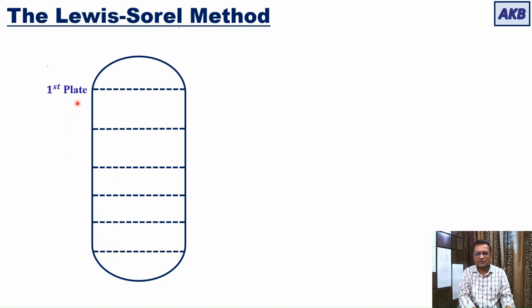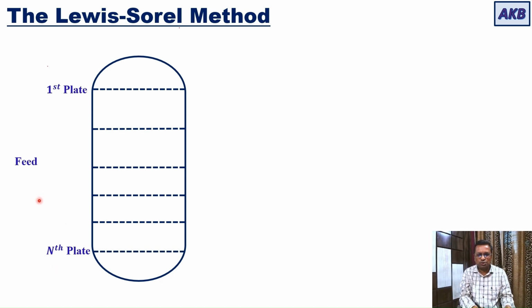The topmost tray is the first tray or first plate, because in a plate column or tray column, the plate or tray acts as a stage. So the topmost stage I am calling the first stage, and the last stage in the column I am calling the nth plate, capital N.